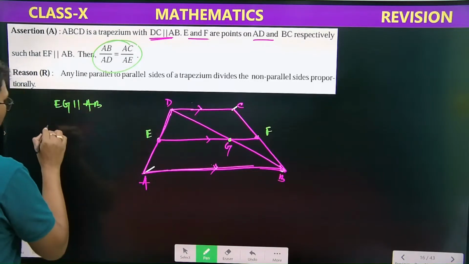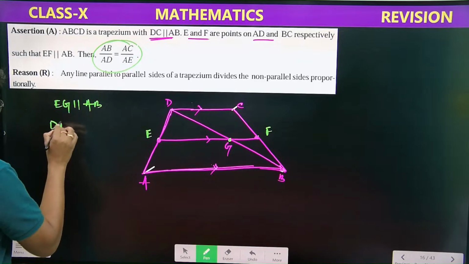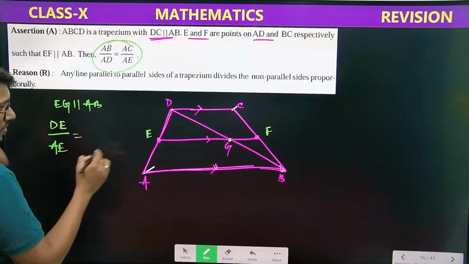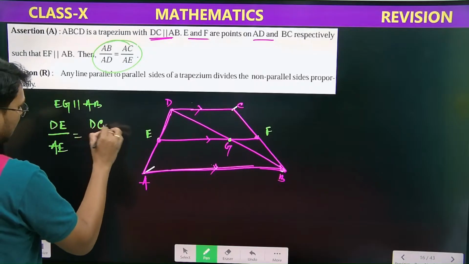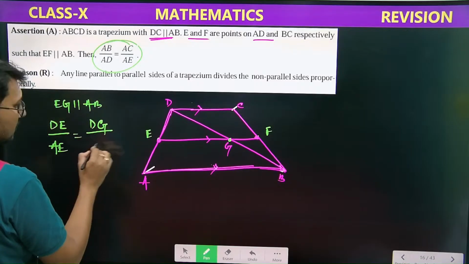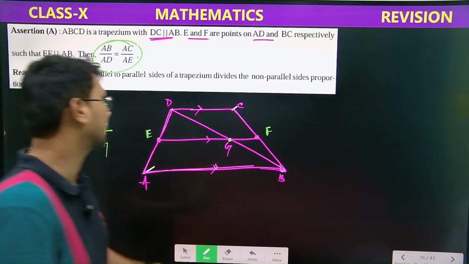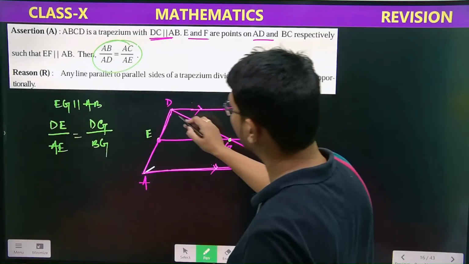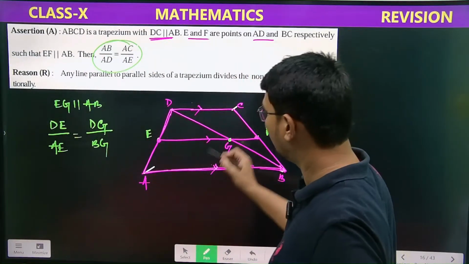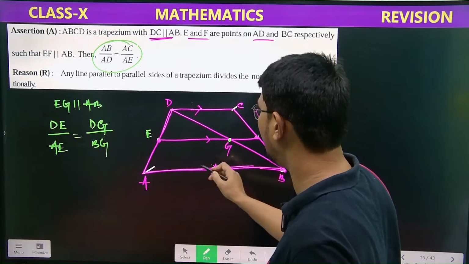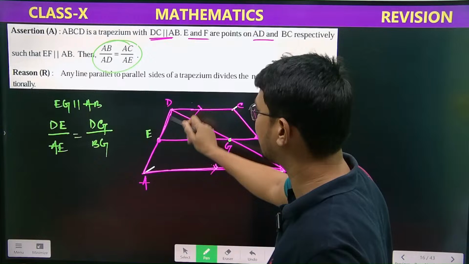So therefore DE by AE equals which one? DZ by which one? BZ. We know this is directly from the question you have in the NCERT book. But the question is asking what? AB by AD. Check, AB by AD it is asking.